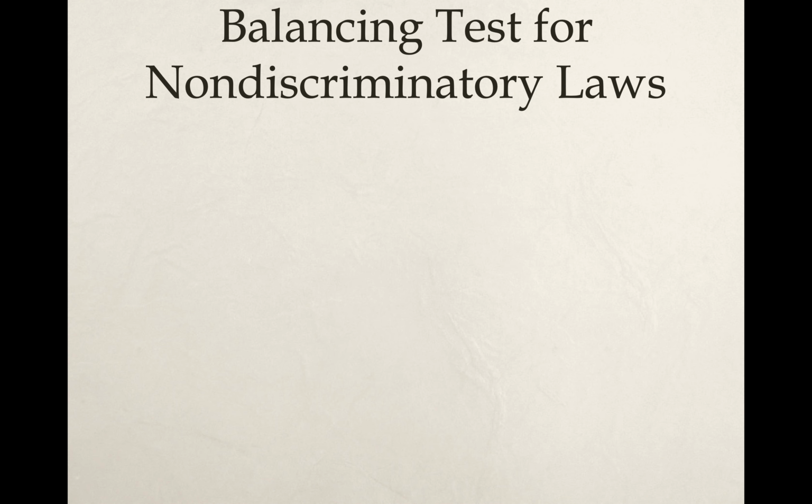So what about laws that don't discriminate in that fashion, but instead apply equally to both in-staters and out-of-staters? That's what will be characteristic of a non-discriminatory law. So let's look at this first case, South Carolina versus Barnwell Brothers. So here we have state laws that regulate the weight and the size of semi-trailers.